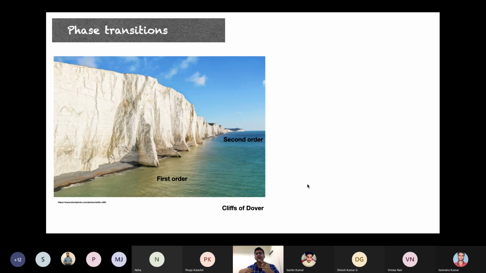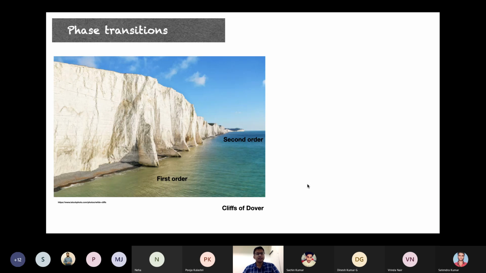You go from France to England, and there are cliffs. These are called the white cliffs of Dover. You can Google it and check. There are very beautiful pictures of this place, very fantastic.